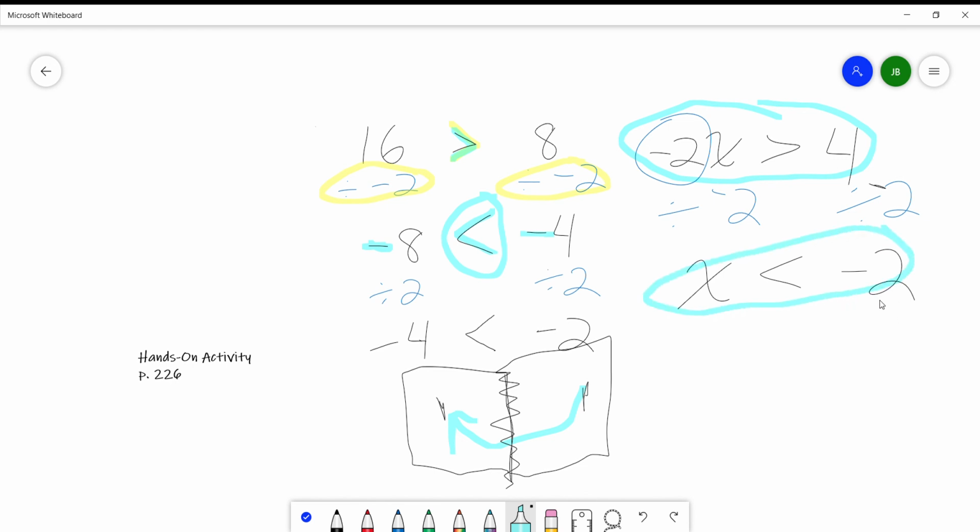If you don't believe me, pick a number. Pick a number to be x. Let's say x is 1. If x is +1, then is -2x greater than 4? Think about it. Pause the video. My question is, if x was 1, I'm going to go ahead and just graph this solution set.